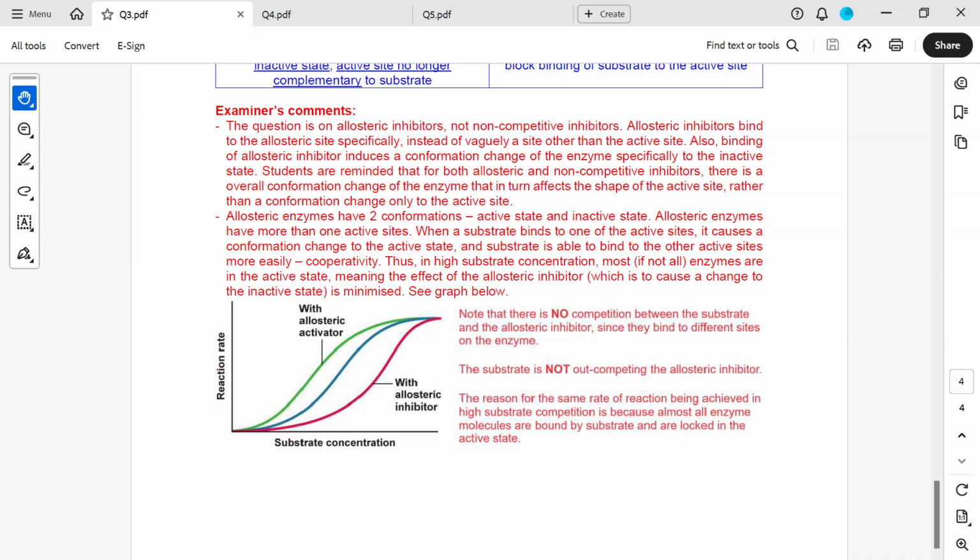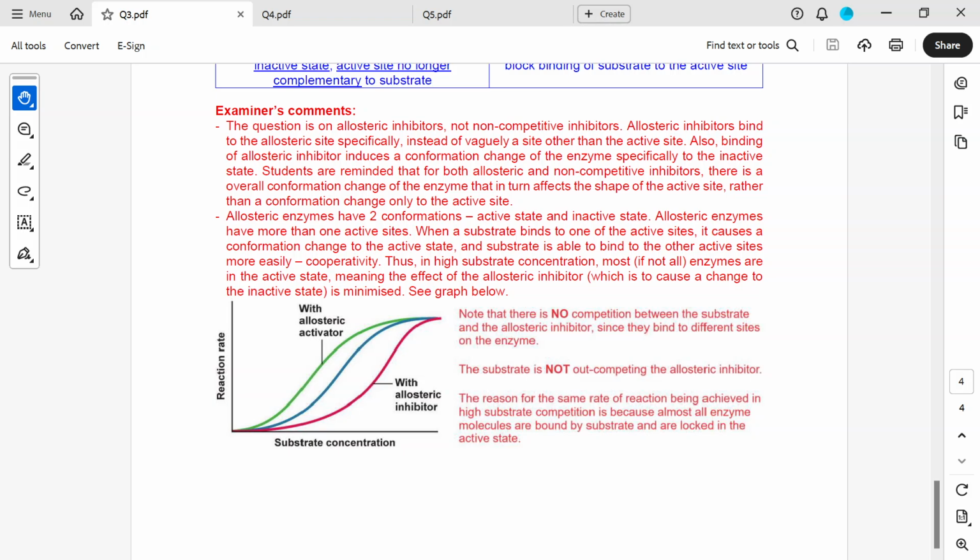But the allosteric enzyme has this phenomenon of active state and inactive state, and the substrate binding causes the enzymes to be in the active state. So because of this phenomenon, the allosteric inhibitor can have no effect at high substrate concentration, when all or almost all the enzyme molecules are bound with substrate and therefore are in the active state.